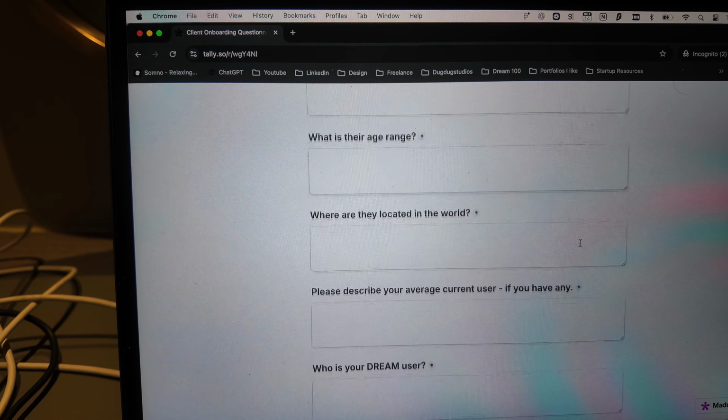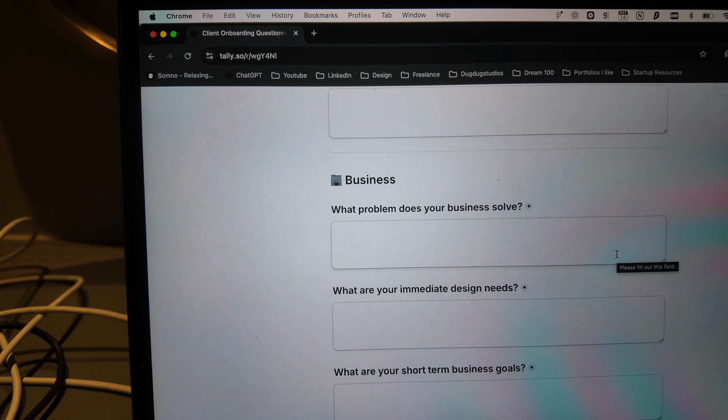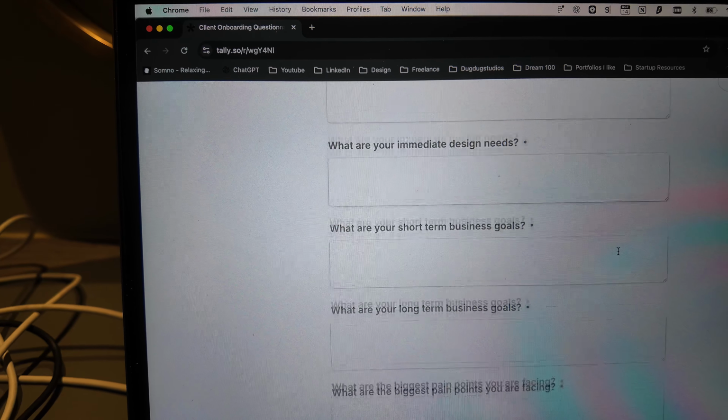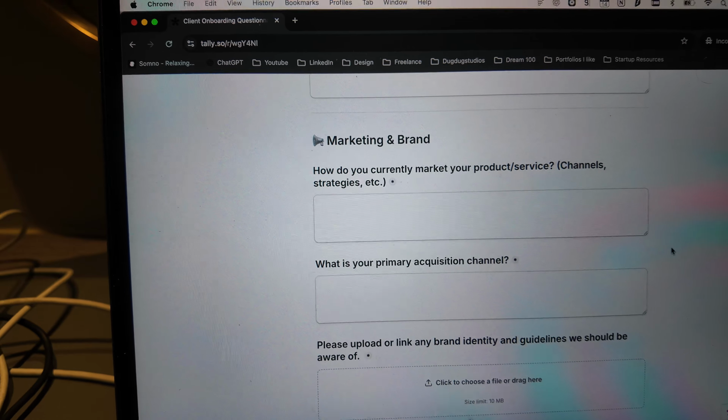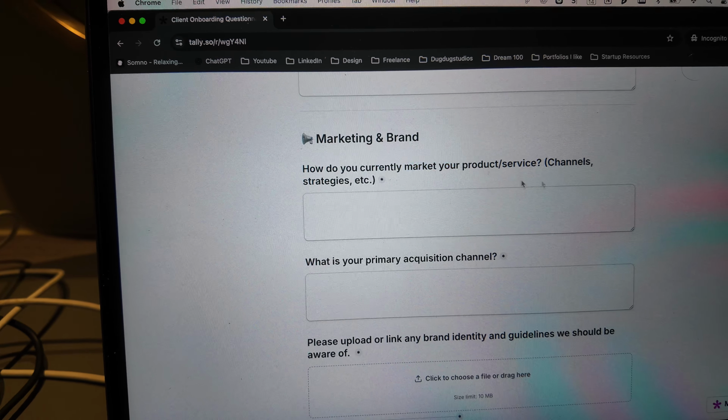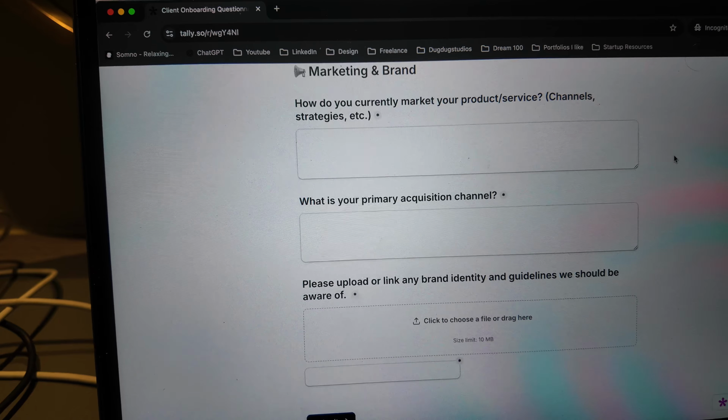Go through a bunch of questions there. Their business: what does their business solve? What are their immediate design needs, business goals, long-term goals, short-term goals, biggest pain points, their marketing and brand? I want to know acquisition channels, what markets they serve, where they get customers, and then any brand guidelines.